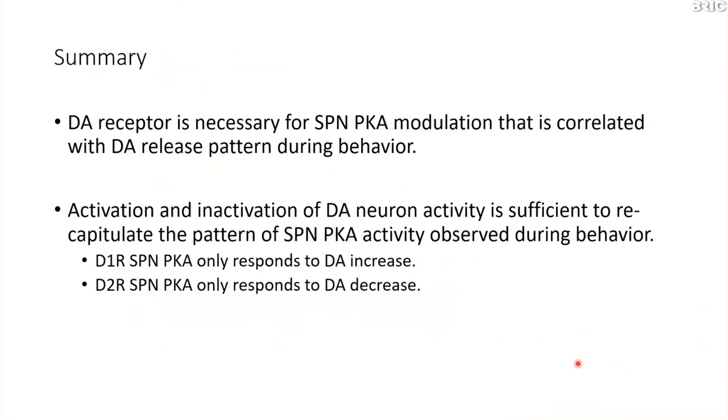Also, the activation and inactivation of dopamine neuron activity is sufficient to recapitulate the pattern of PKA activity observed during the behavior. More specifically, D1 receptor SPN PKA only responds to dopamine increase, while D2 receptor SPN PKA only responds to dopamine decrease.